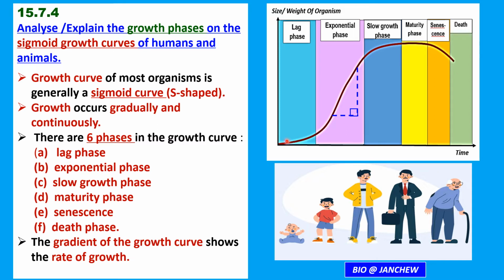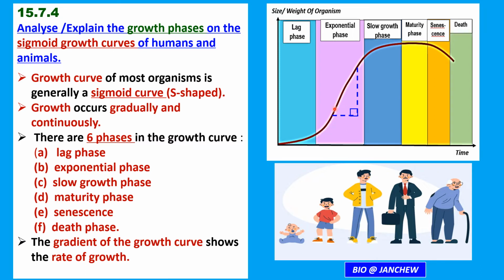It shows that growth occurs gradually and continuously until maturity phase, where there is zero growth. Okay. Now, altogether, there are 6 phases in the growth curve here, based on their different rates of growth. There's the lag phase, where growth occurs slowly. You can see here the gradient is very gentle, it's low. So this shows that the growth rate is low.